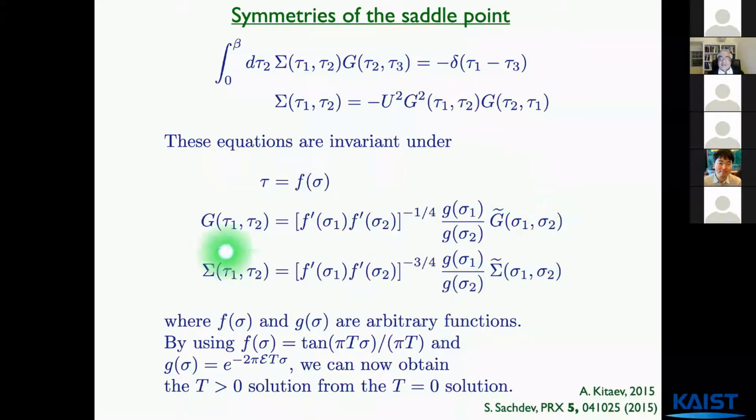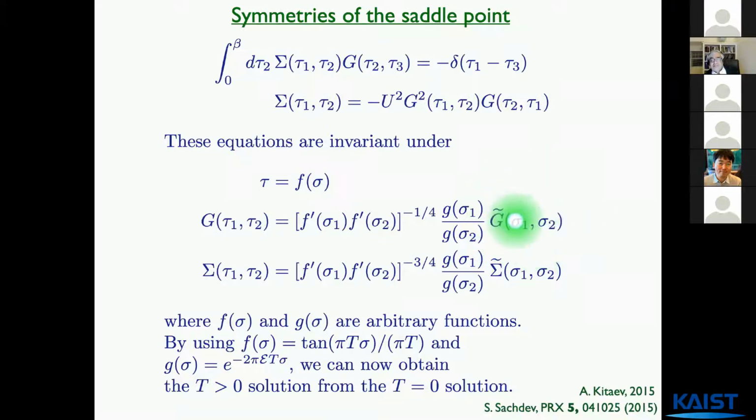Now, this seems like a huge amount of symmetry, and you seem to have many, many solutions. But the point is, most of those solutions are not sensible saddle point solutions, because any sensible solution should be a function of tau1 minus tau2. And in general, you can see from the structure of this transformation that even if G is a function of tau1 minus tau2, G tilde need not be a function of sigma1 minus sigma2.